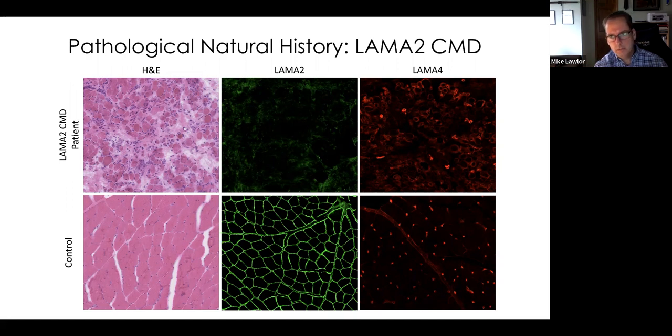But one thing that was a bit surprising to us is that some of the other laminins, in this case LAMA4, were being upregulated at the membrane in some of these patients, but not all. And so part of this project is looking at this broad range of phenotypes so that we understand what are good things to track and what might be good things to follow up on.